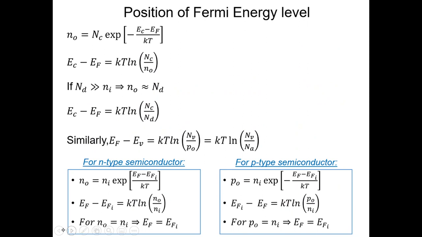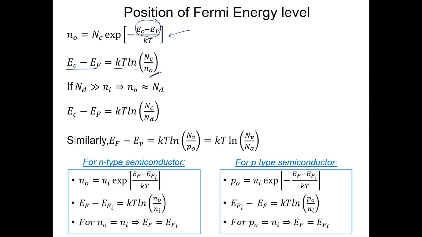Okay, so we can rewrite some of these things in terms of the position of the Fermi level. For instance, you can start with the electron concentration. There's a relation that we have seen. The electron concentration is a function of the gap between the conduction band and the Fermi energy level. So if you rewrite EC minus EF, what you get is kT ln(NC divided by n0).